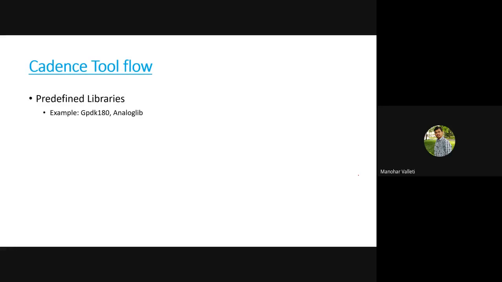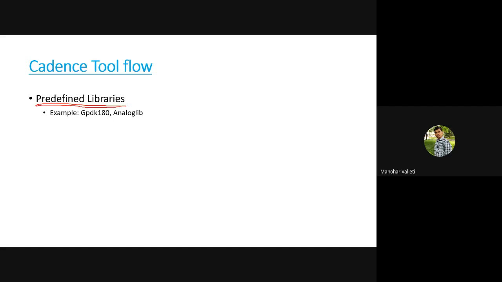To understand this Cadence tool flow, you need to understand what a library actually means. As you are working on 180 nanometer technology, that 180 nanometer technology transistor needs to be available, right? Those are available in predefined libraries.